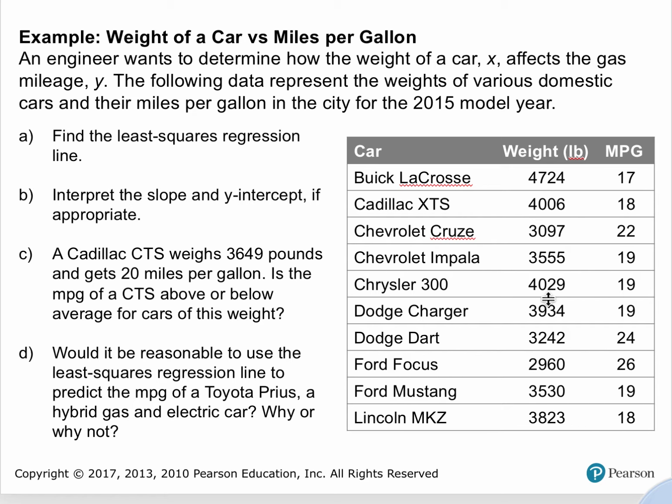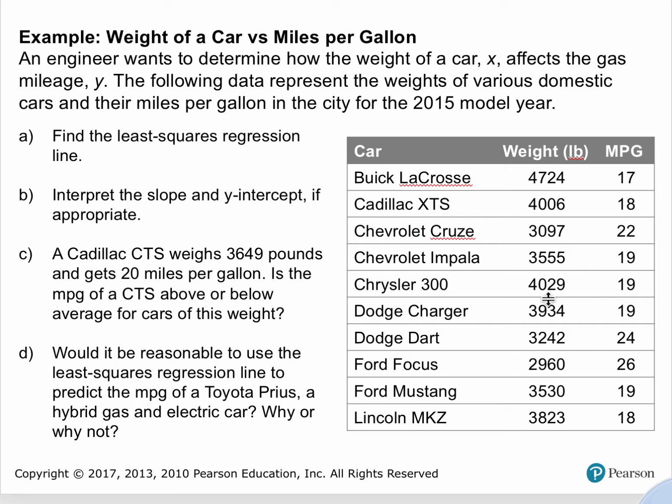Okay, I already have, so I'm going to go into Stat, over to Calc, and hit 4, but this time, since I'm using information in L3, it'll default to use L1 and L2, but I'm going to tell it L3 and L4.